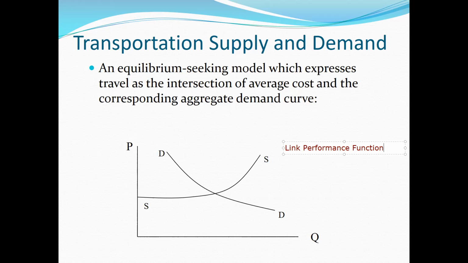We talk about that. The link performance function is essentially the supply curve. Do you remember what it was? It related travel time on a link of the network with something.